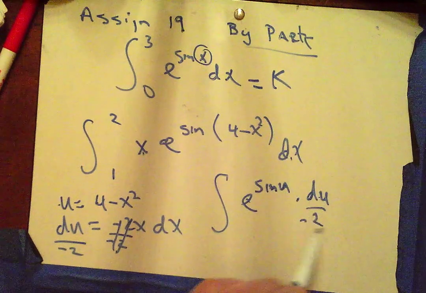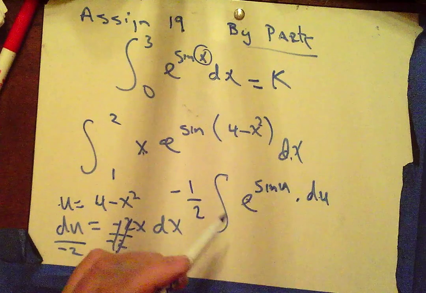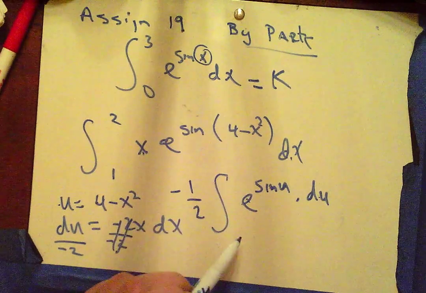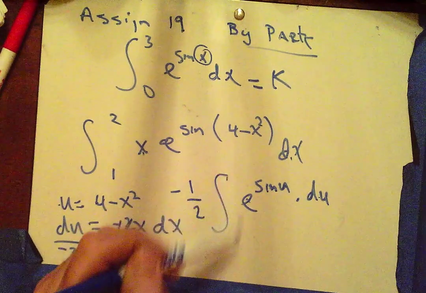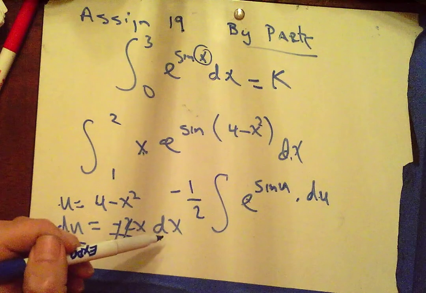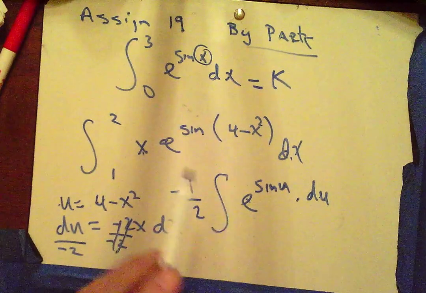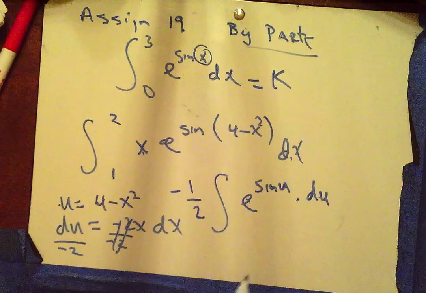I'm going to pull out that constant. And now I'm looking at this, and I don't have any bounds here. I've been saying you can leave no bounds on your u integral, but if we do that here, it's going to be really problematic. So let's find our u bounds for our u integral.